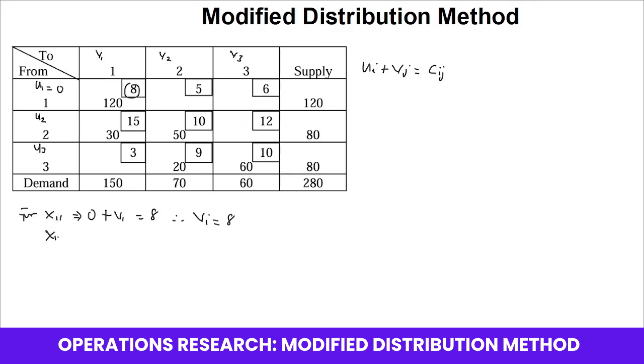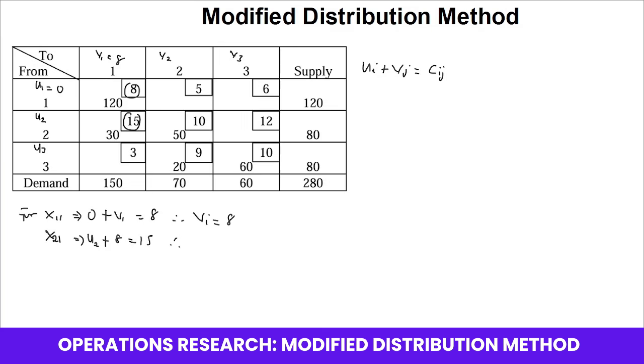That's X21. That will be U2 V1. U2, we don't know the value. So U2 plus, we know our value for V1, which is 8, is equal to 15.